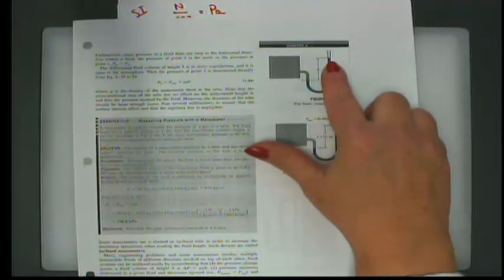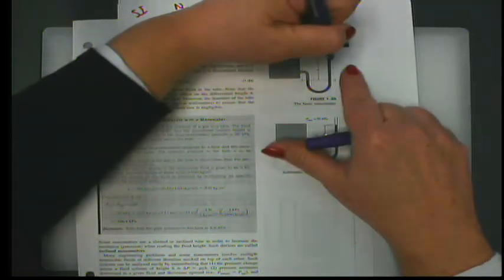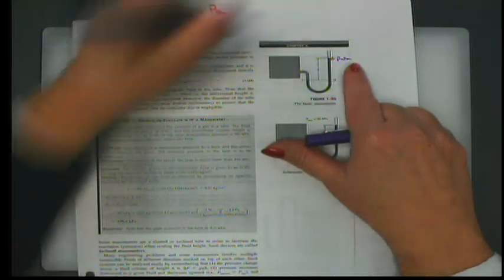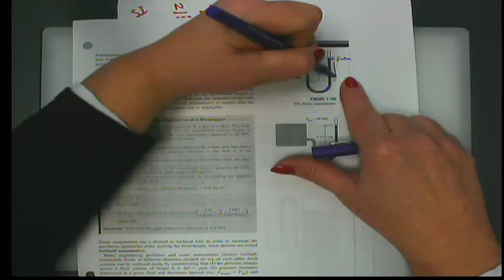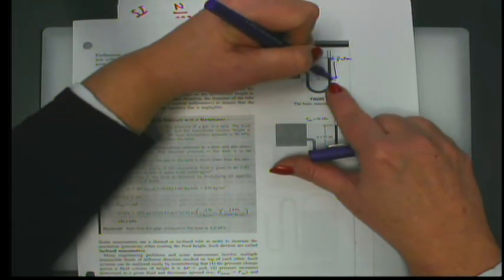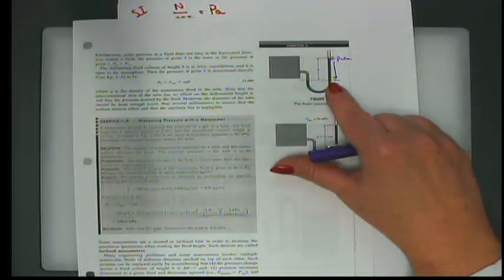So what that means for us here is that if this is mercury right here, this is the pressure of the atmosphere because it's open to the atmosphere. All right, so as we go down in the fluid, from what we've learned, do you think the pressure at point 2 is higher or lower than the pressure of the atmosphere? It's higher, exactly, because we're farther down.